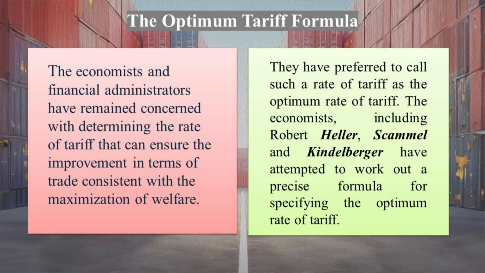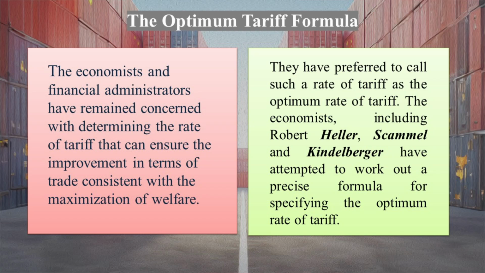The economists and financial administrators have remained concerned with determining the rate of tariff that can ensure the improvement in terms of trade consistent with the maximization of welfare. So when we are talking about this, economists like Robert Heller, Samuelson and Kindleberger come into account, for which they have developed a formula.